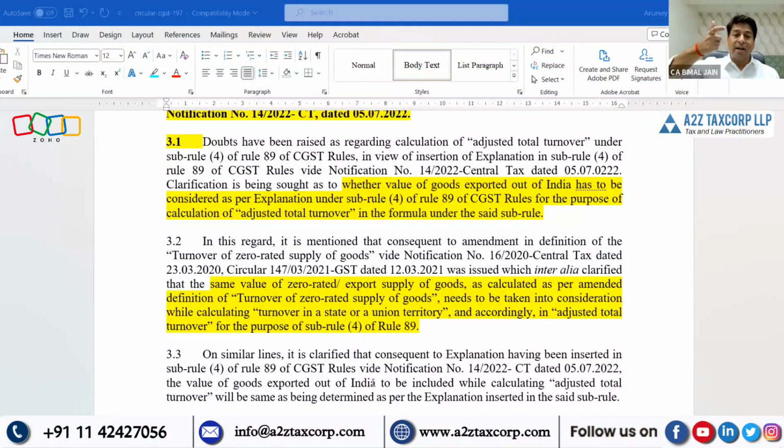So whatever value you are considering for zero-rated export of goods needs to be considered for calculation of adjusted total turnover. That is the simplistic meaning coming out.